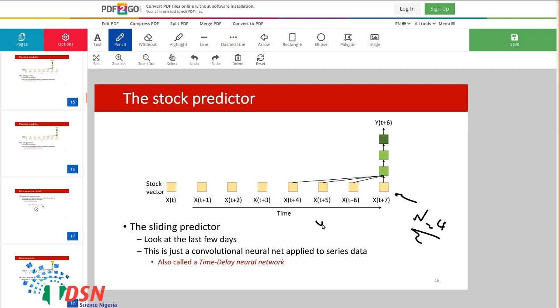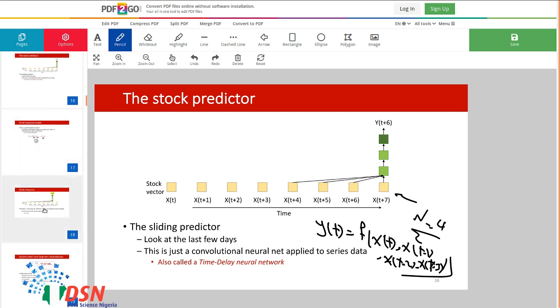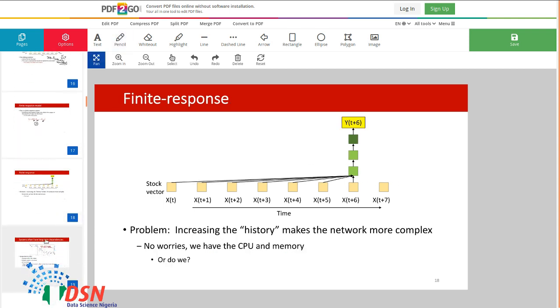So we make the prediction at t based on the input of t, the input of t minus 1, the input of t minus 2, and the input of t minus 3. This means that we just consider the last 4 outputs for the current prediction.